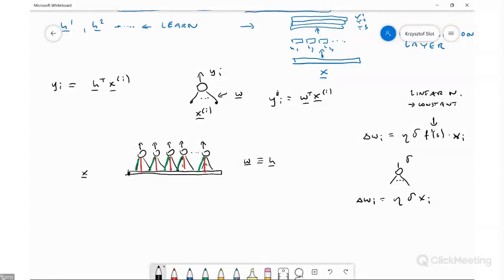Each neuron has exactly the same weights to process input information. And now the point is how to find these weights, because I don't know them. I don't know the filters that are good for solving a particular problem. And that's why I will try to learn them.